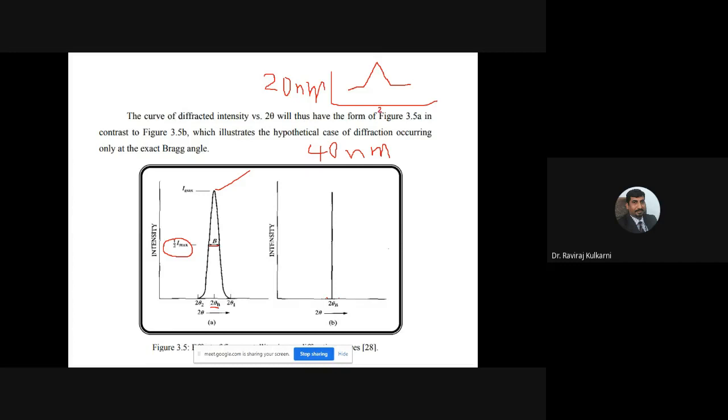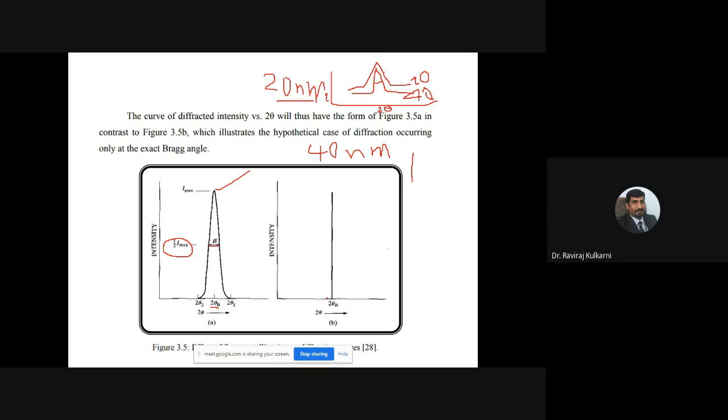If I plot 2 theta versus intensity, if the size is 20 nanometers, I get this peak. If the size is 40 nanometers, it will be like this. You get sharper peaks as the size increases. This is for the 40 nanometer crystal, and this is for the 20 nanometer crystal.